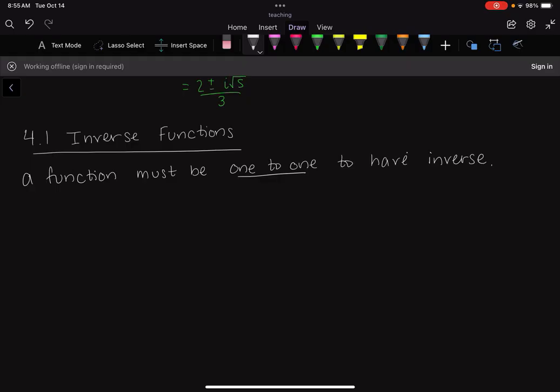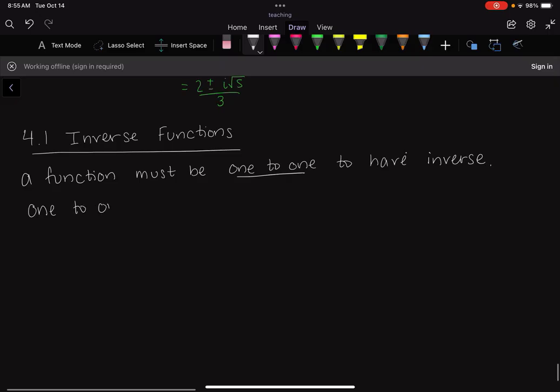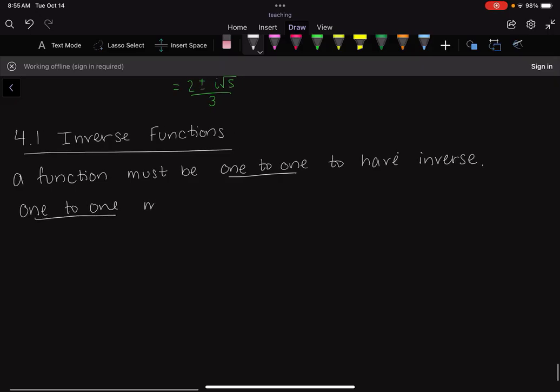Now to find out if a function is one-to-one, it means that there's one x value, or just input value, to one y value, or output value.